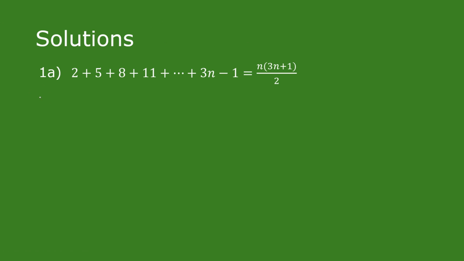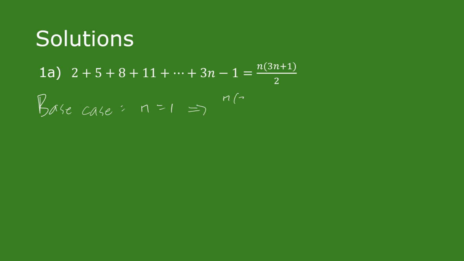Okay, let's begin here with the base case. So the base case, because we're dealing with a series of numbers, there are several terms, and the first term is the number 2. So the base case in this problem is n is equal to 1. And when n is equal to 1, what's our right hand side?